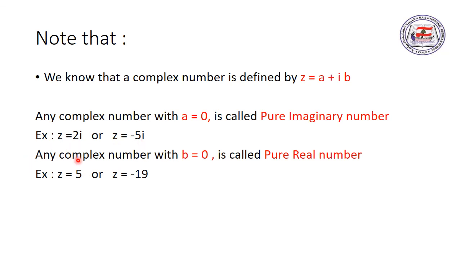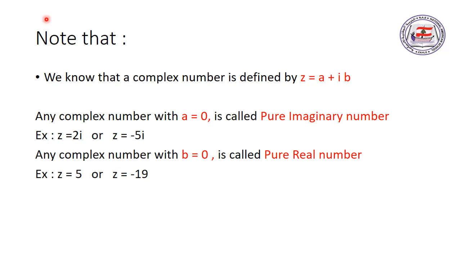For any complex number with b equal to 0, it's called a pure real number, like example 9, 10, or 11, previously shown, or z equal 5 or z equal negative 10.